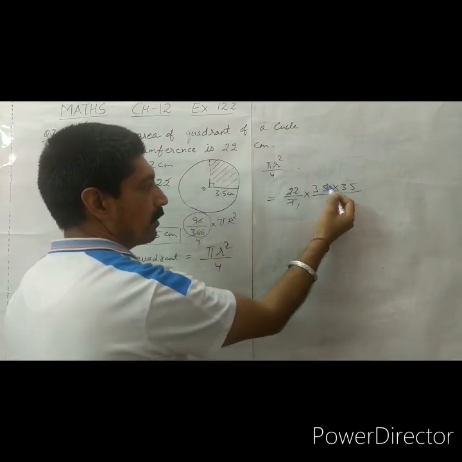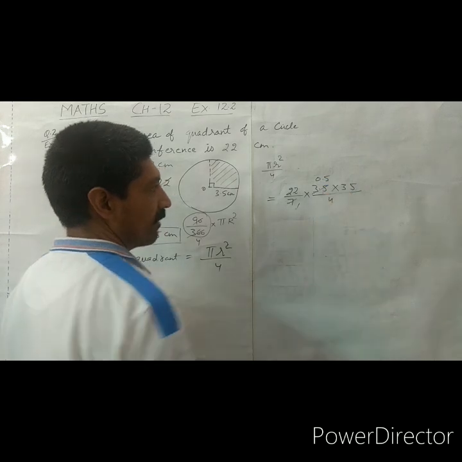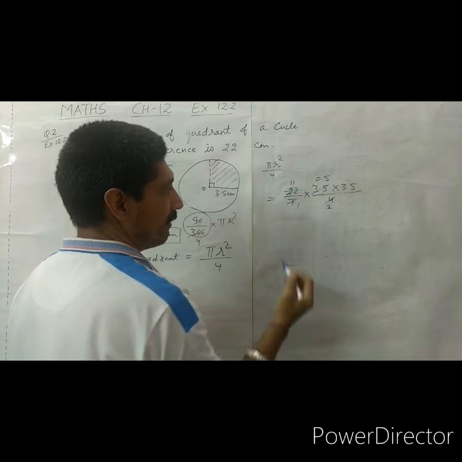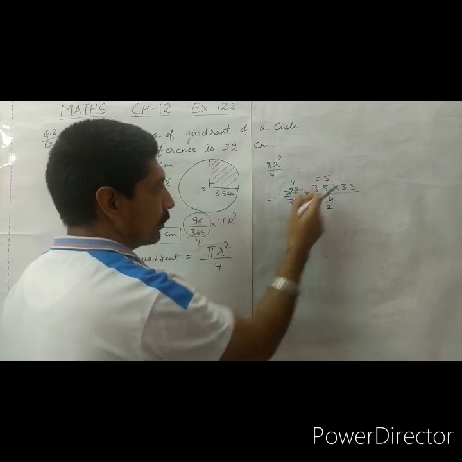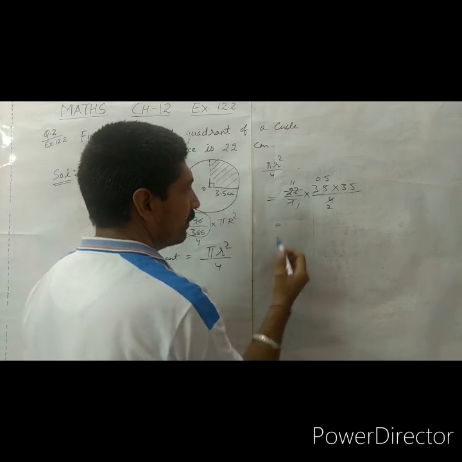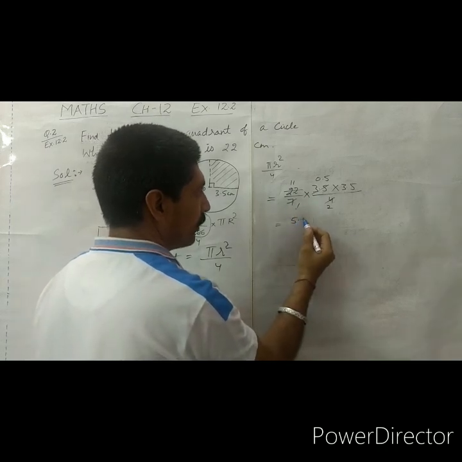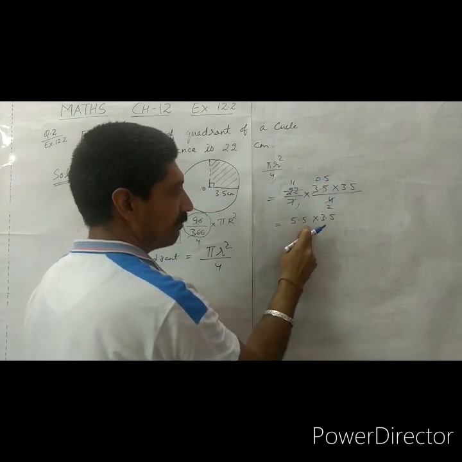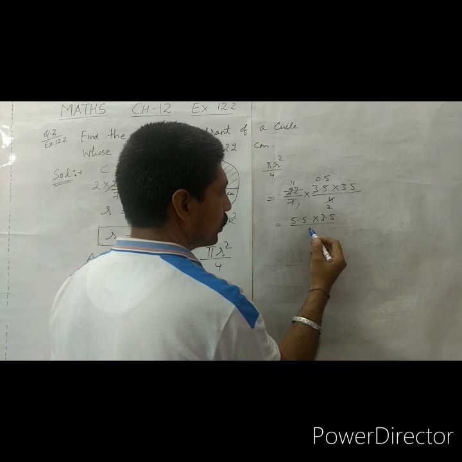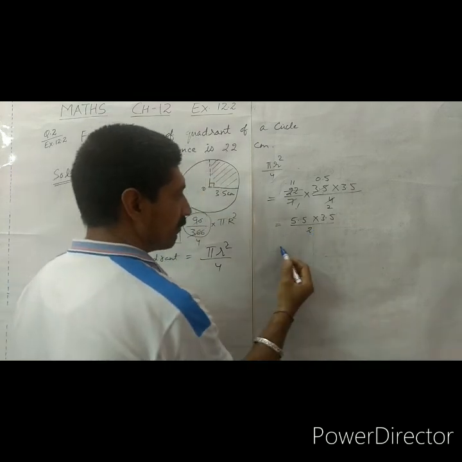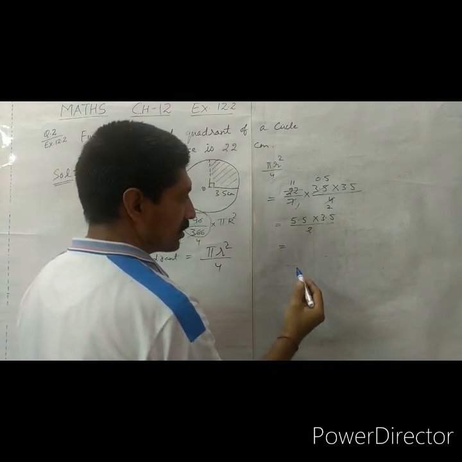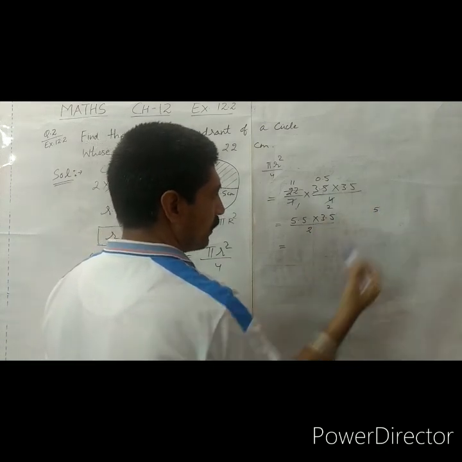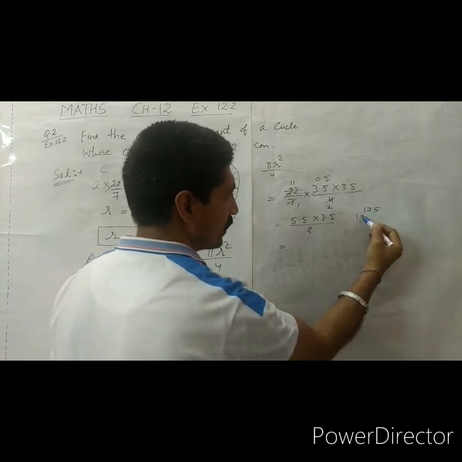So 7 ones are 7, 7 5s are 35, 4 with 2, 11, and we can write here 5.5 into 3.5, 0.5 into 11 is 5.5 divided by 2. So here we go for the multiplication, 3 5 with 3 5, 5 5s are 25, 175, 175.